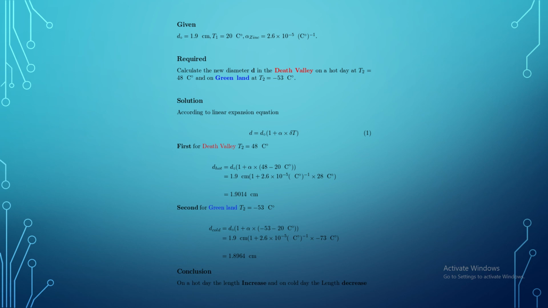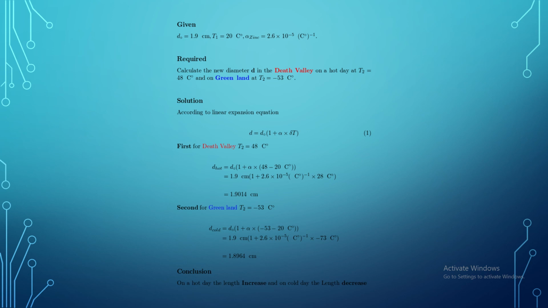First, for Death Valley, which is 48 degrees Celsius: 1.9 times (1 plus 2.6 times 10 raised to negative 5 per Celsius times 28 degrees Celsius), which is 1.9014 centimeters.